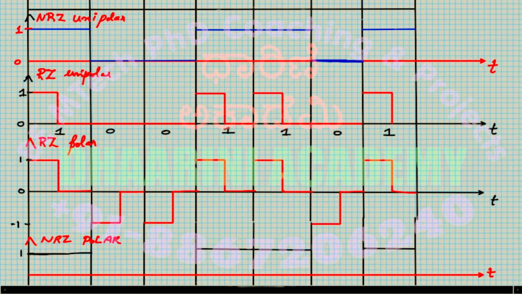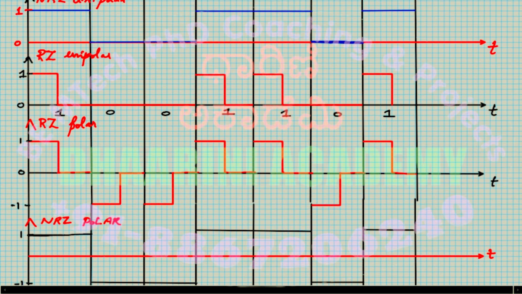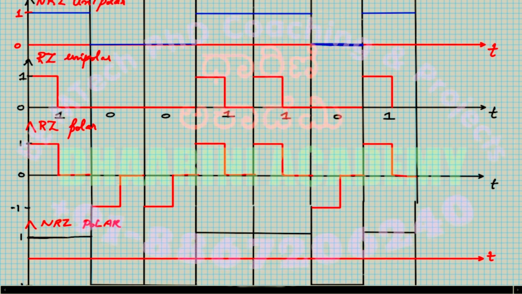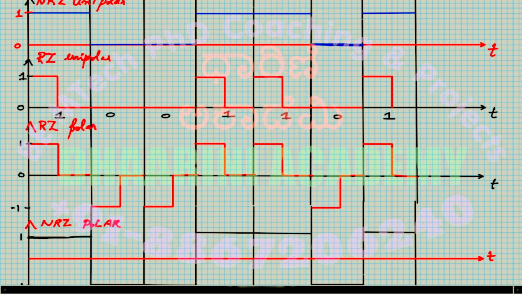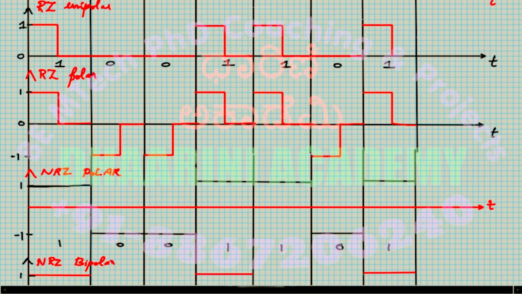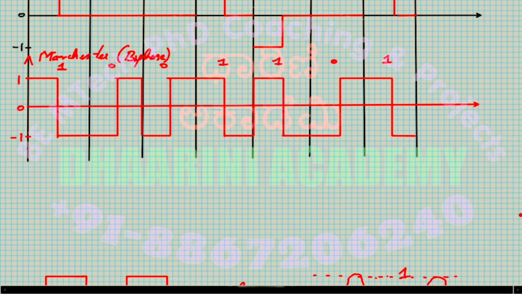When you take the Fourier transform of every pulse, the Fourier transform of NRZ unipolar is completely different from RZ unipolar, completely different from RZ polar, completely different from this. So that means depending upon what frequencies are available for you to transmit, you will select this. So that was the third parameter.